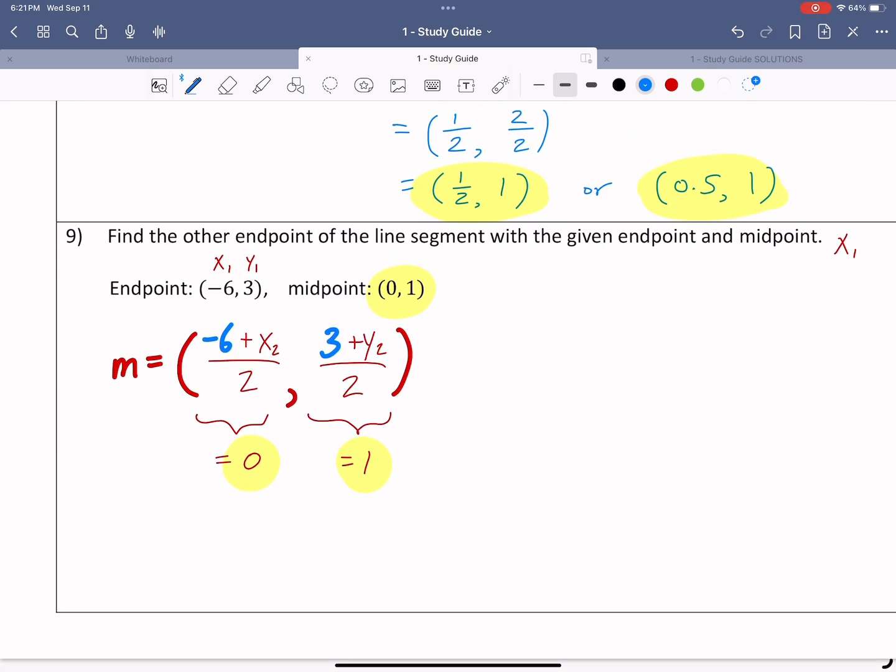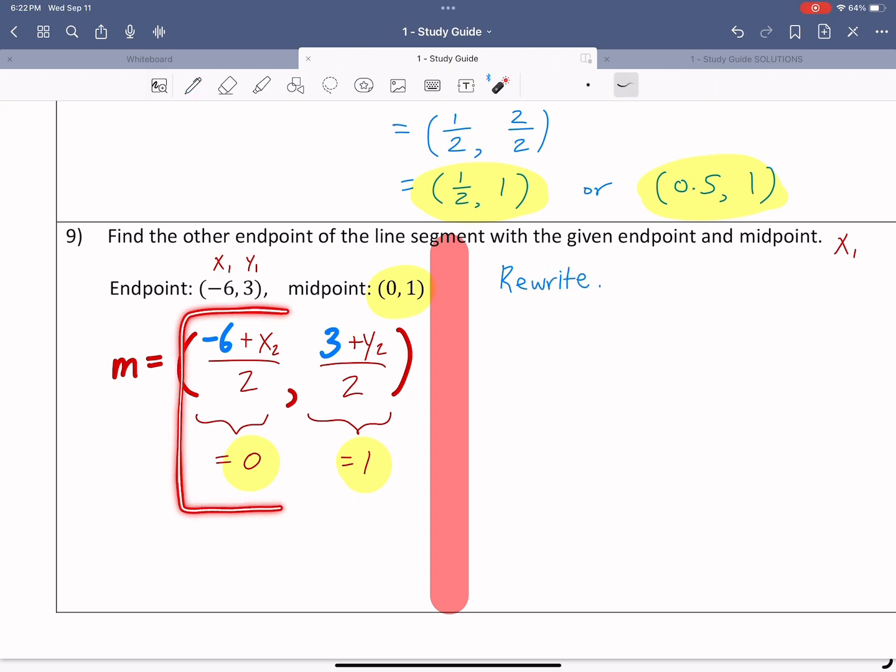So if we want to consider how to write this equation, I might work a little bit to the side here. Let's rewrite what we have on the left side. Let's rewrite -6 plus x2, let's just call it x, divided by 2 is equal to 0.